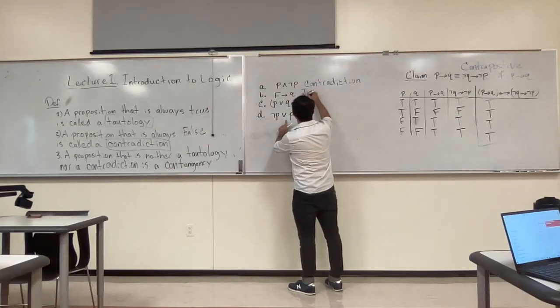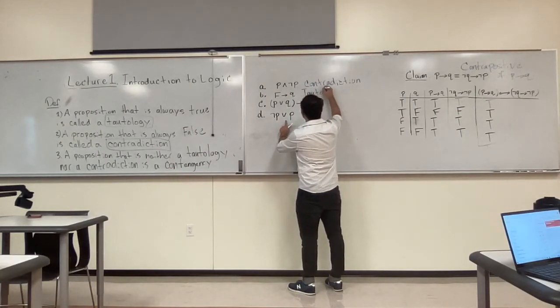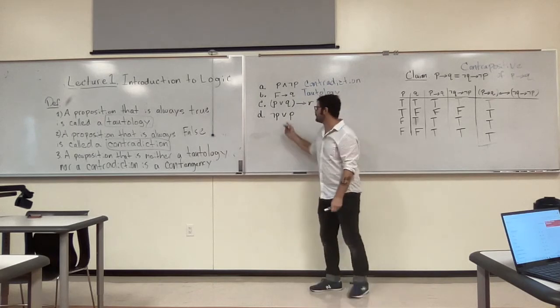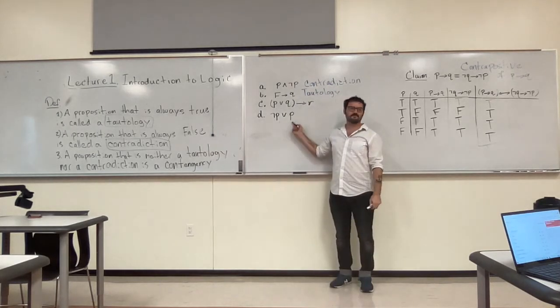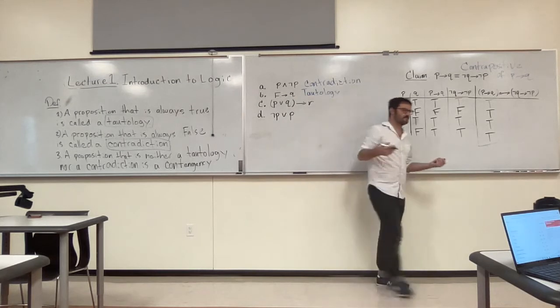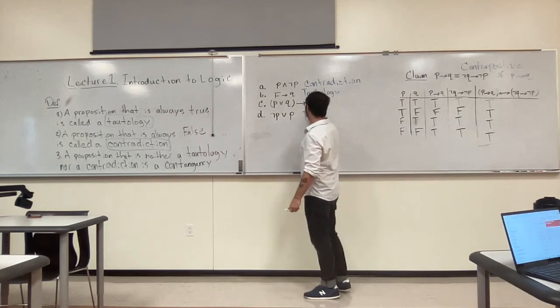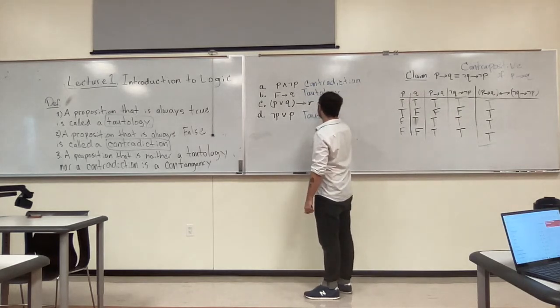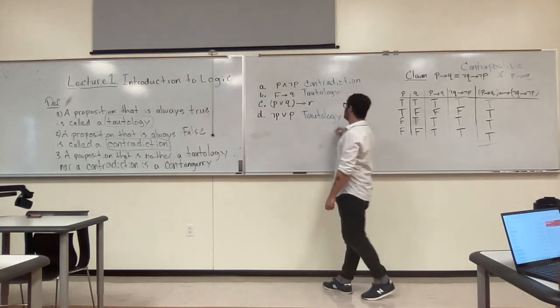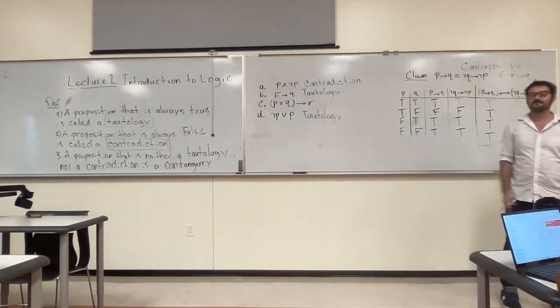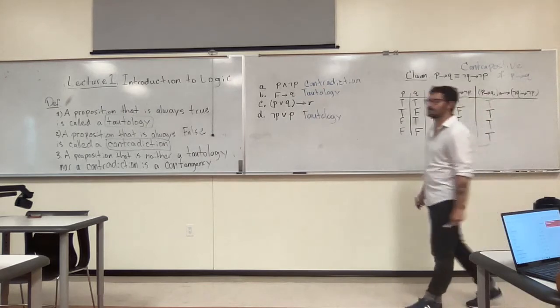Yes, D is also a tautology, because at least one of P or not P is going to be true, which would make the or evaluate to true. And then C is a contingency. You don't know until you plug in values for P, Q, and R.